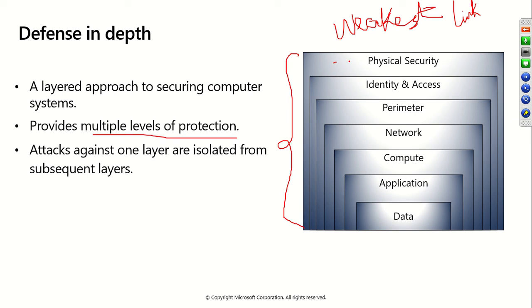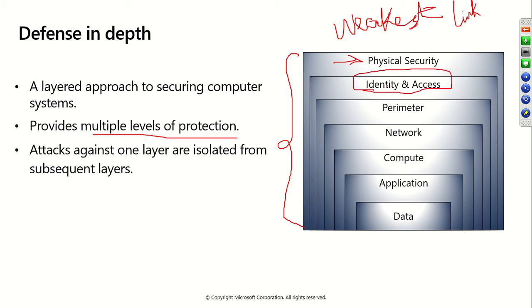So if the physical layer is attacked, okay, that means somebody is able to probably get access into the physical location of, for example, a Microsoft data center in Johannesburg. Because the person is able to get access to enter it does not mean the person can enter the server room. He can enter the compound.